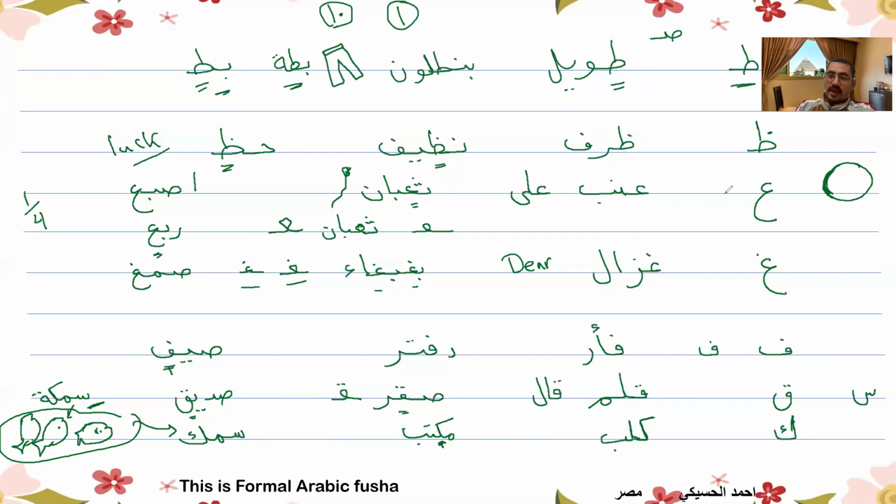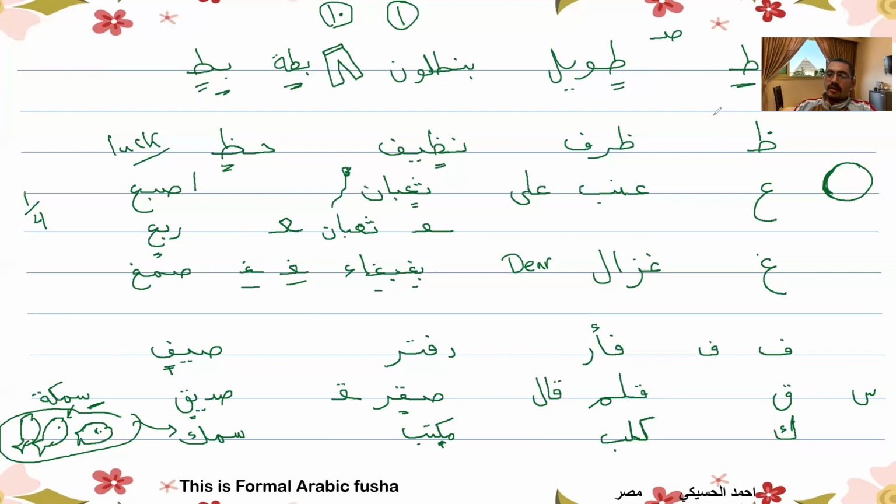After kaf, lam. The arrangement or sequence of letters, you can find it as songs: Alif, Ba, Ta, Tha, Jim, Ha, Kha, Dal, Dhal, Ra, Zay, Sin, Shin, Sad, Dad, Ta, Za, Ain, Ghain, Fa, Qaf, Kaf, Lam, Mim, Nun, Ha, Waw, Ya.